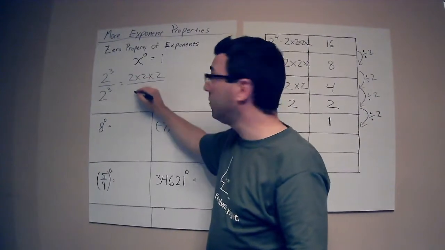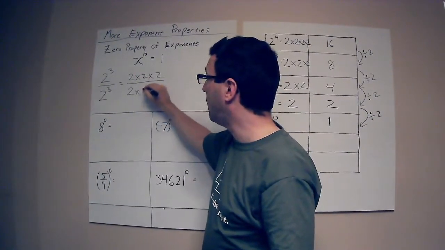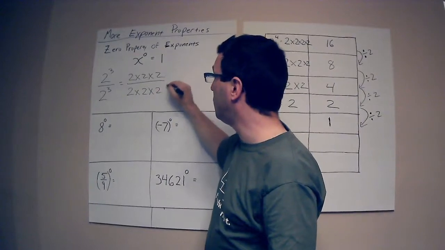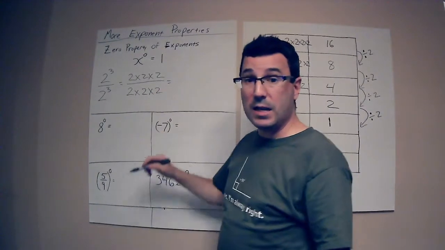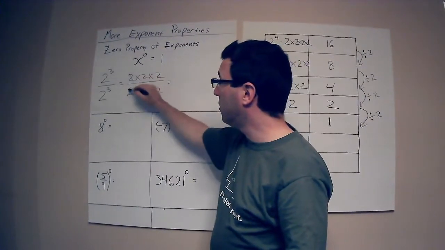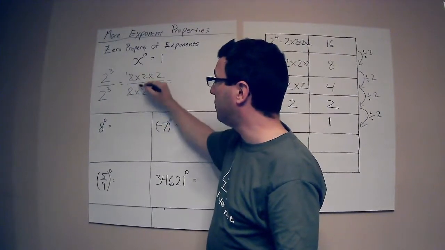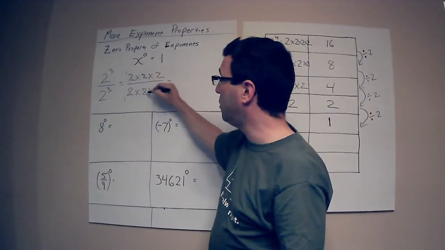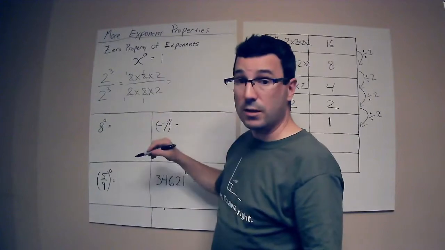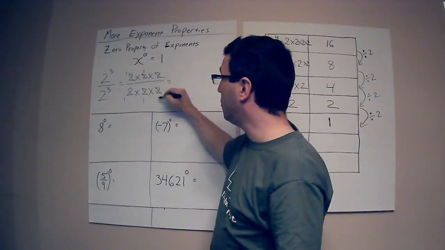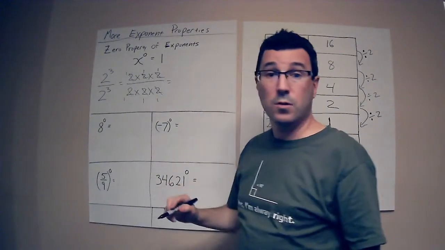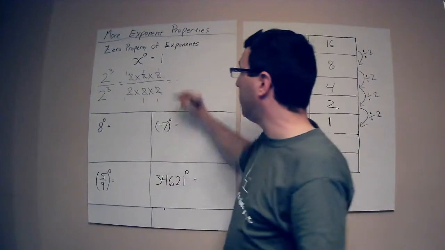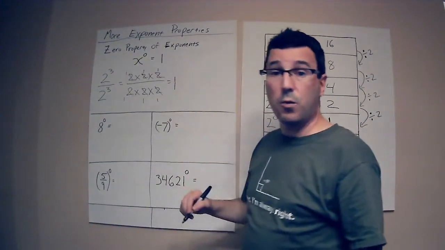On the bottom, same deal, 2 times 2 times 2. And what happens is I can cross out: 2 on top, 2 on bottom, that's a 1. 2 on top, 2 on bottom. So all of them cross out, and we're left with 1.